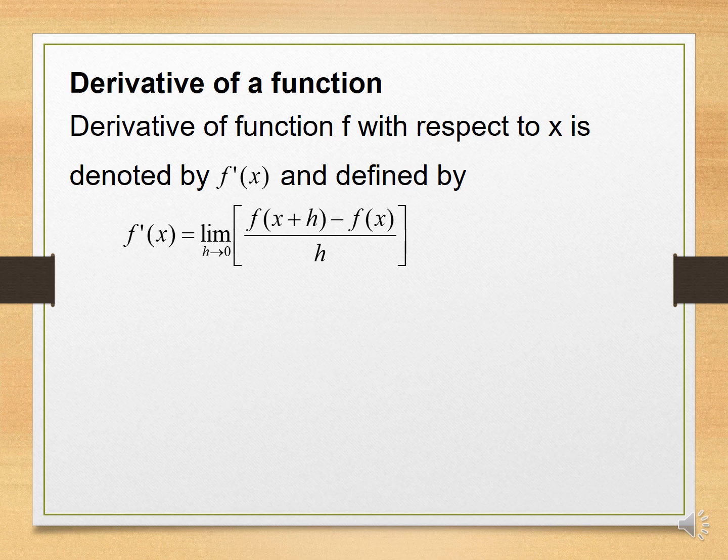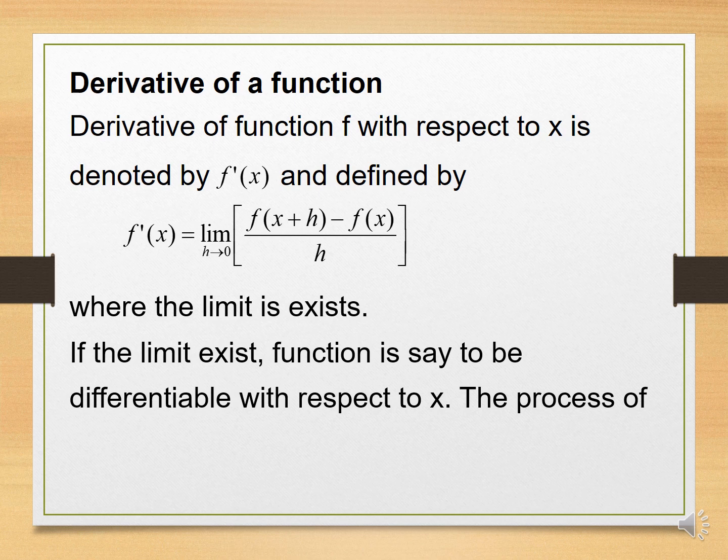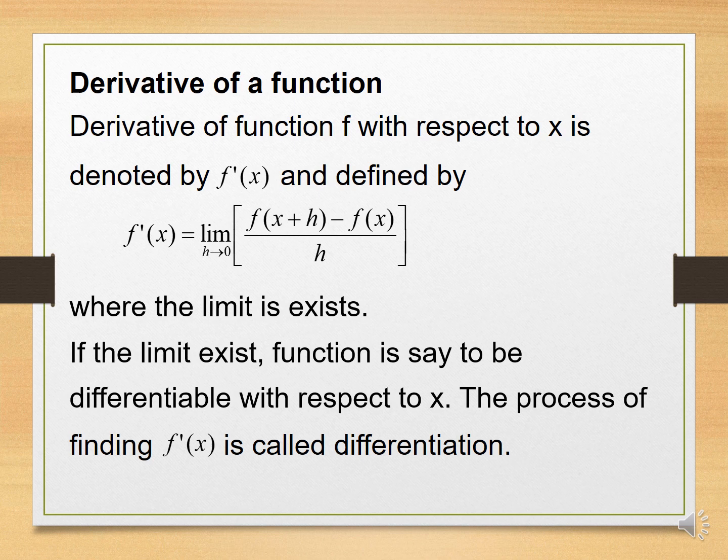This is previous knowledge that we learned in Chapter 1, the concept of a limit. We use the concept of limit to find the derivative of a function. If the limit exists, the function is said to be differentiable with respect to x. The process of finding f'(x) is called differentiation.